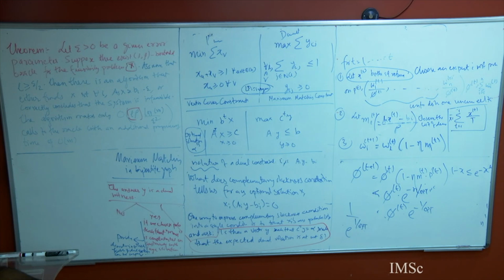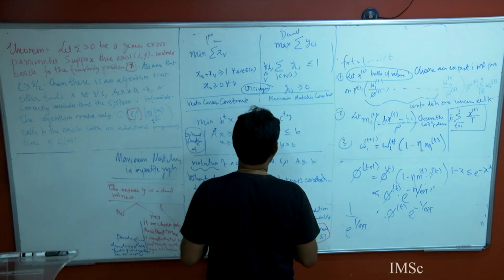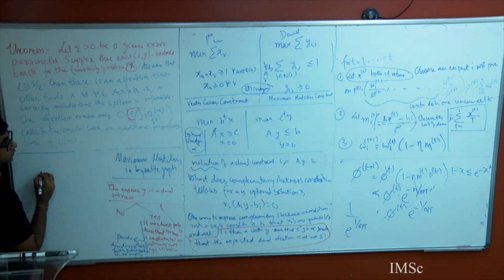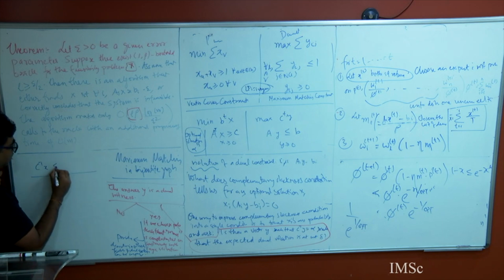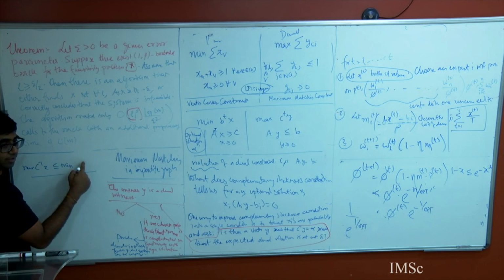Is it less than or equal to, or greater than or equal to? So what you are saying is that C transpose X is less than alpha. Is this correct?